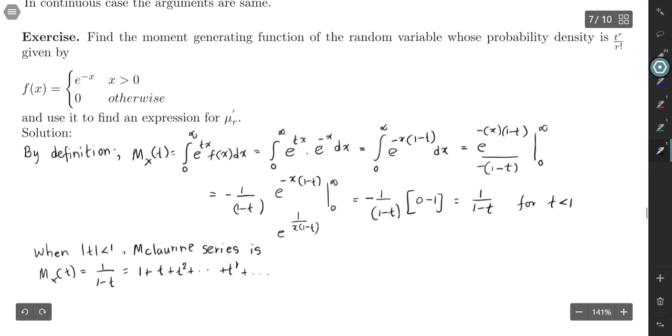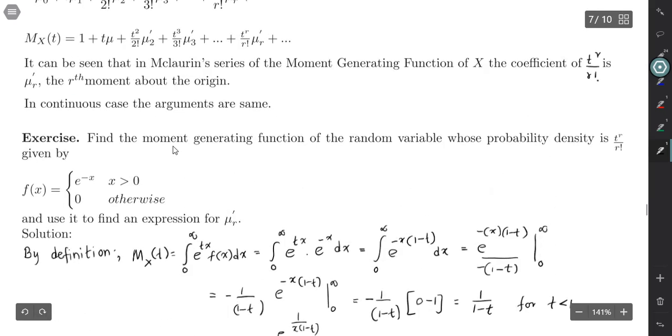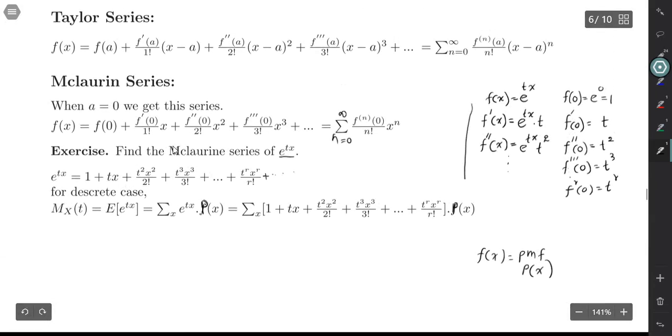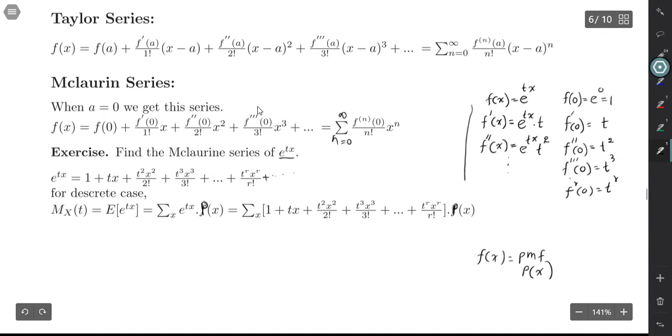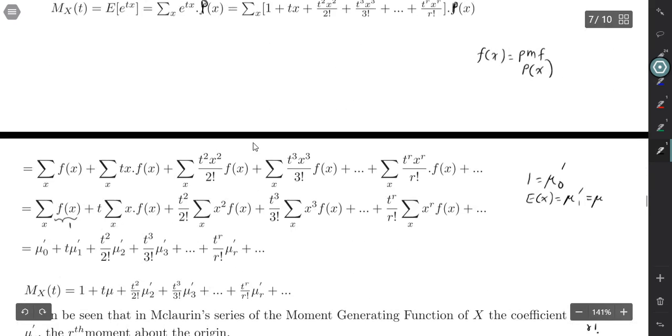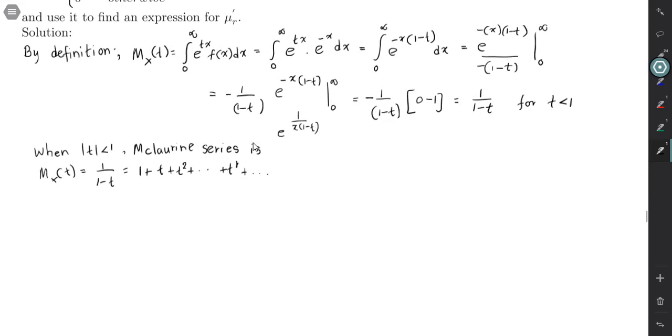If you want to check this one, you can follow the same method that we did here. Our fx is 1 over 1 minus t, and it is independent of x, so you can easily find the first derivatives, evaluate them at 0 and put it in this expression, and you can easily see that 1 over 1 minus t, the Maclaurin series, is 1 plus t plus t square plus all the way up to infinity.